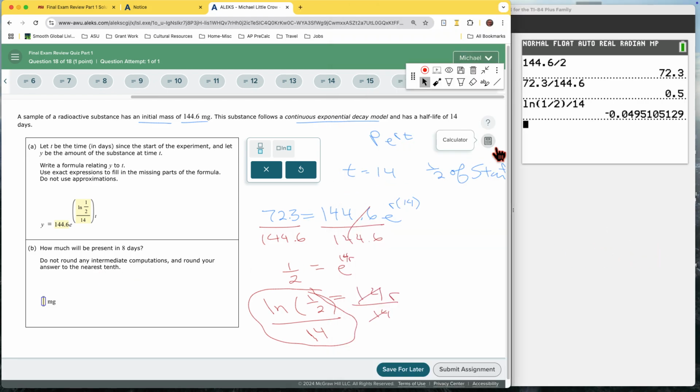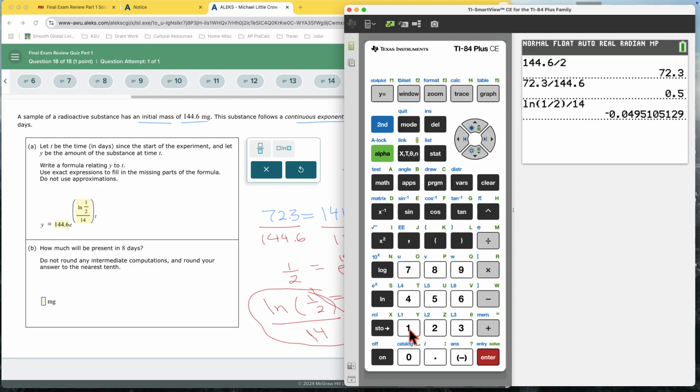You could use the calculator if you like, but we're going to calculate it as 144.6 e raised to the, I'm going to put a parenthesis, and I'm going to put in this exact figure, natural log of 1/2 divided by 14, times t, which in this case is 8. That will calculate it all for us.